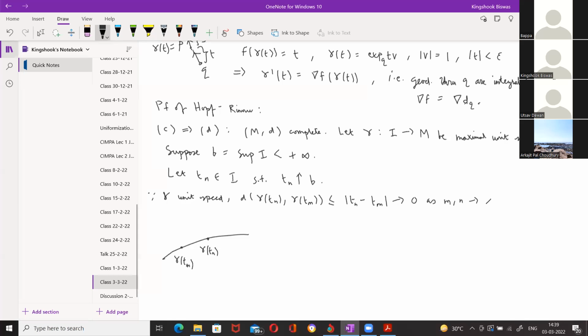So that implies that the sequence gamma Tn is Cauchy, right?